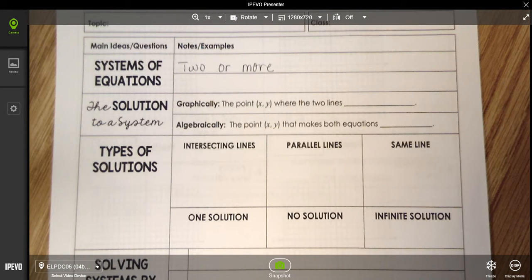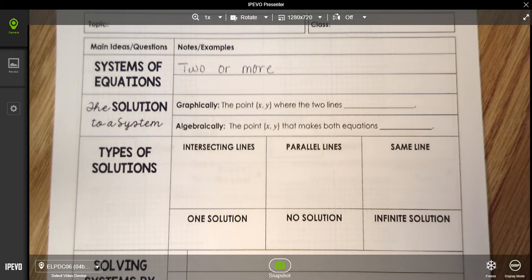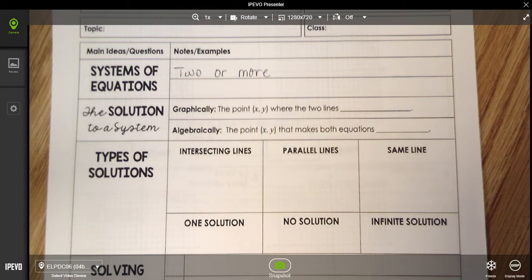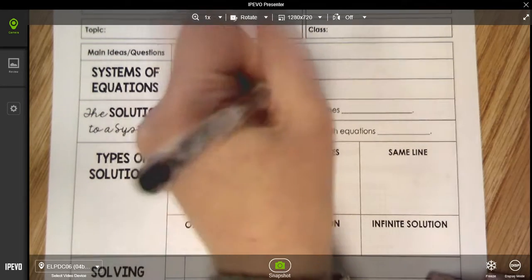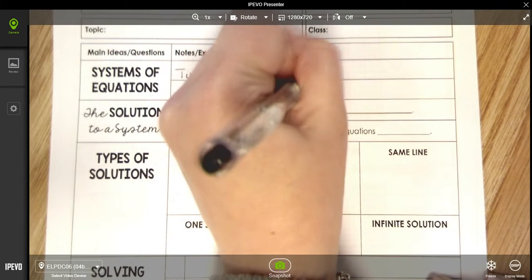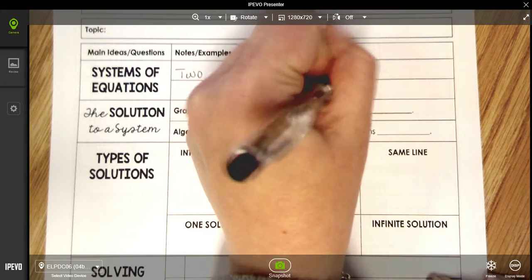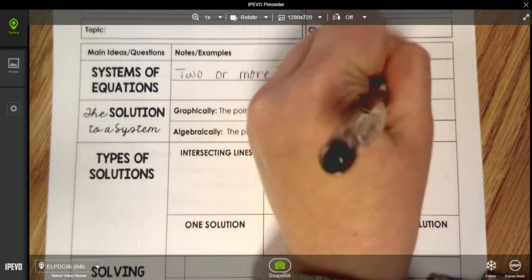Hey guys, your next chapter in Algebra 1 is on systems of equations. So at the top of your note packet, you want to see where it says system of equations and write down the definition, which is two or more equations with the same variables.